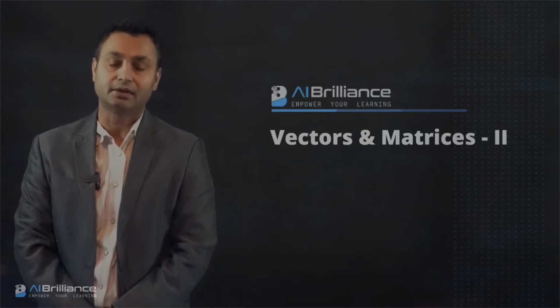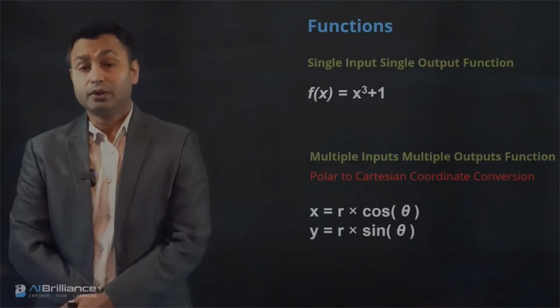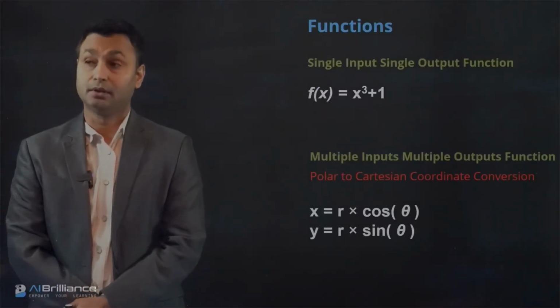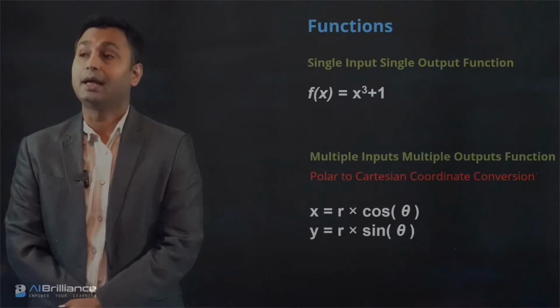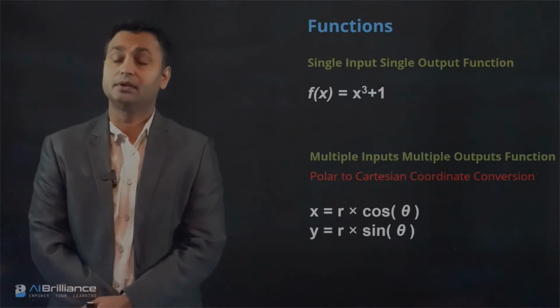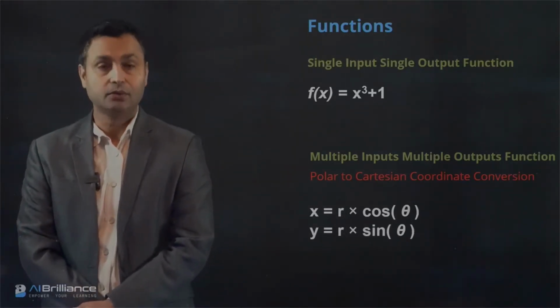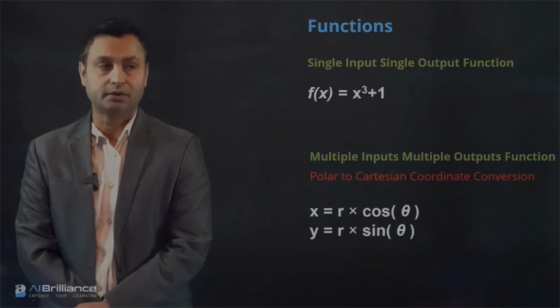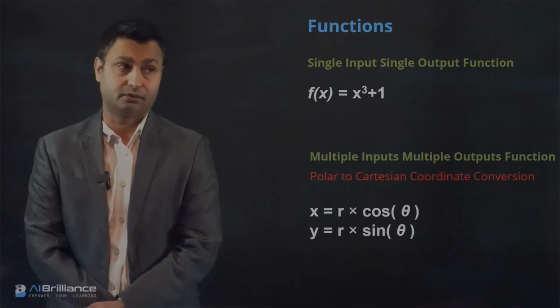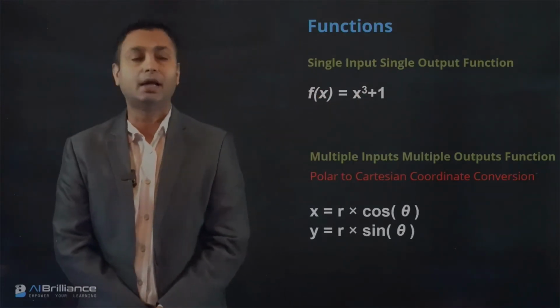So let's get started. The first topic that we're going to cover in today's lecture is linear transformation. In order for us to understand what linear transformation is, first let's take a look at a concept that we can relate to, which we might have used previously: the idea of a function.